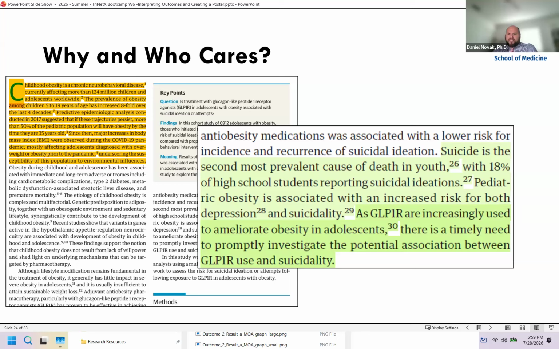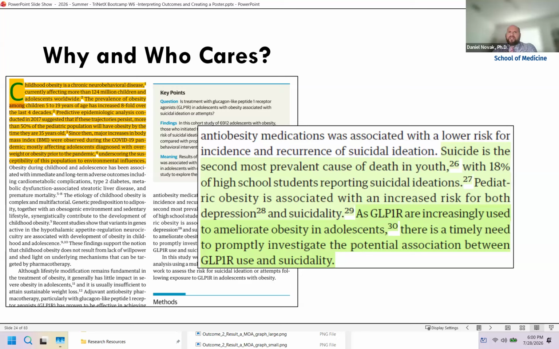Suicide is the second most prevalent cause of death in youth, which is really sad, and 18% of high school students report suicidal ideations. Pediatric obesity is associated with an increased risk for both depression and suicidality. So GLP-1 drugs are increasingly used to ameliorate obesity in adolescents, and there's a timely need to investigate these associations.